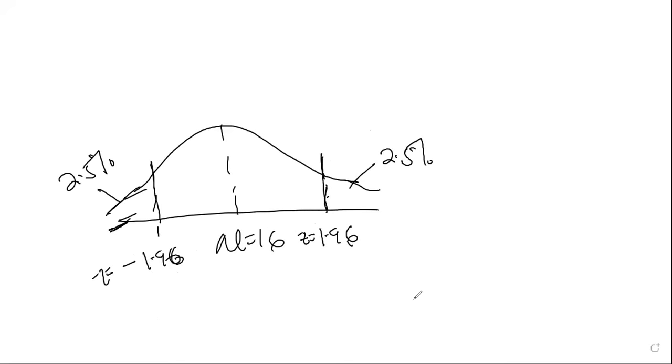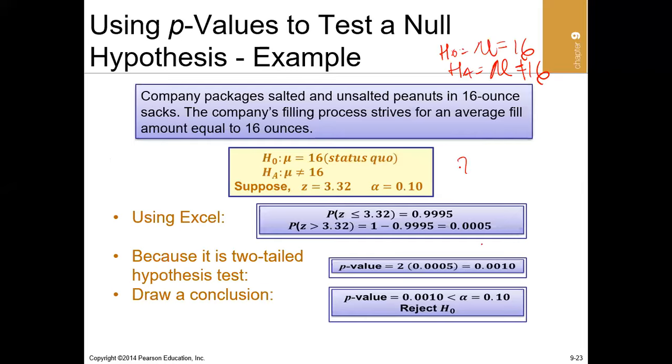Now let's compute the z-value. It looks like this question didn't give the standard deviation or the sample mean, though it gave the population mean. So it didn't give enough information for you to compute the z-value. But assuming that they have computed the z-value for you, you had 3.32 as your z-value.